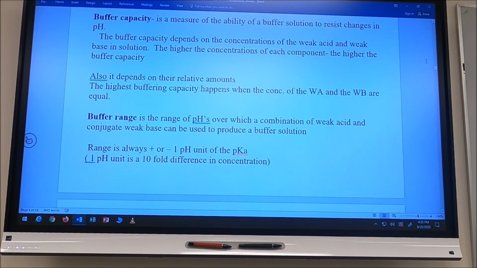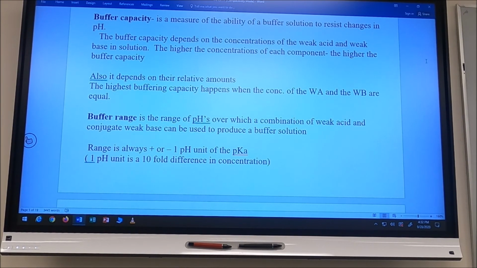Let's talk about buffer capacity. Buffer capacity is a measure of the ability of a buffer solution to resist changes in pH. The buffer capacity depends on the concentration of the weak acid and the weak base in solution. The higher the concentration of each component, the higher the buffer capacity.